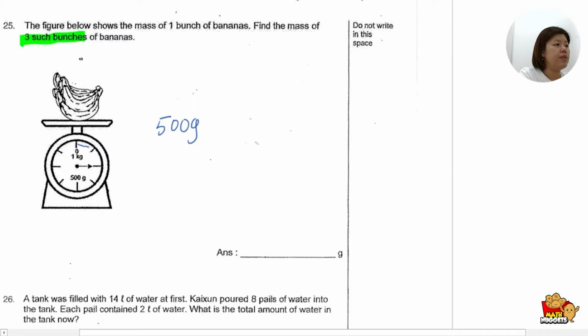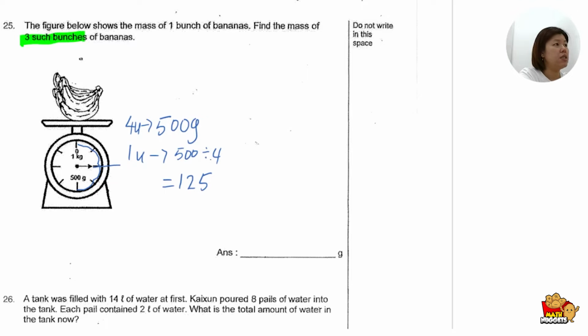And let's see the spacing, 1, 2, 3, 4. So 4 units is 500 gram. 1 unit will be 500 divided by 4, which will give you 125. So 125 is 1 unit, and it's pointing to here, means 1, 2.